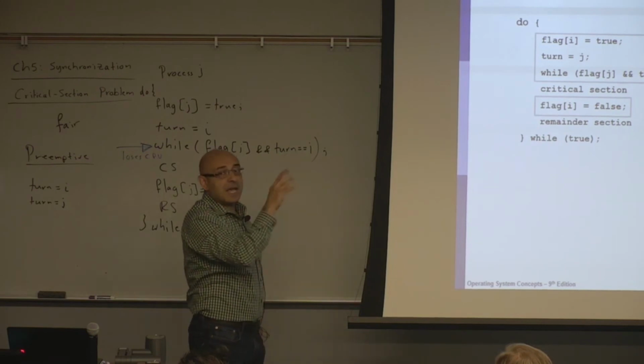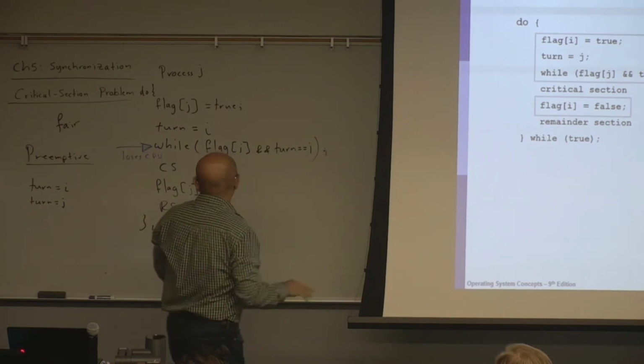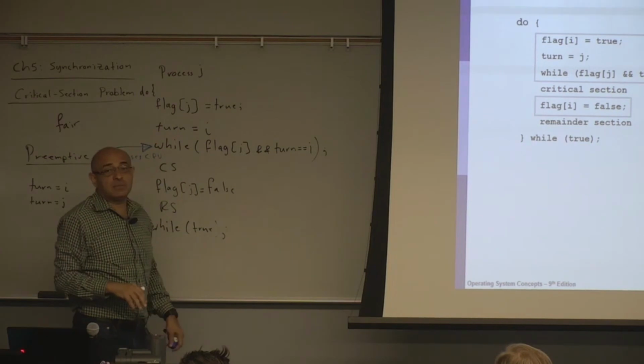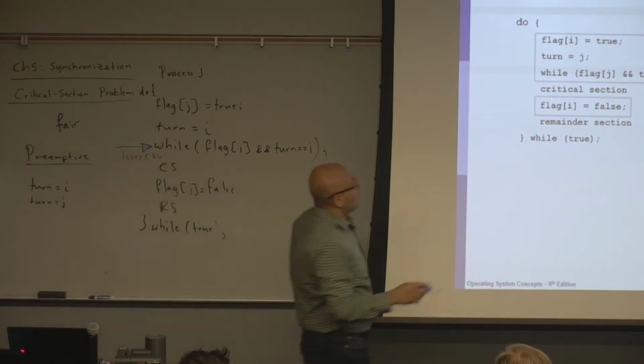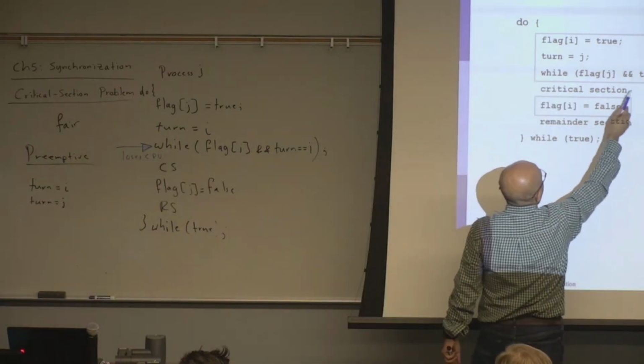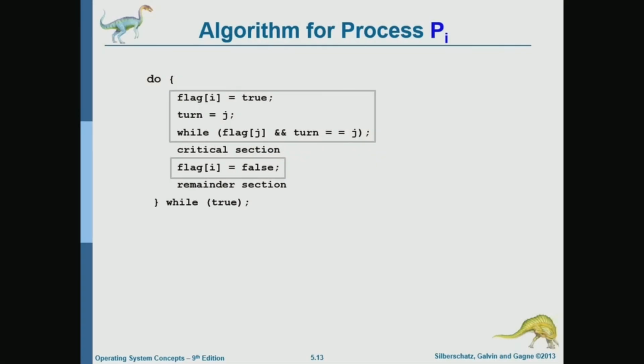Now, all of this is happening while process I has the CPU, and process J still doesn't have the CPU. Now, when process I attempts to enter, it's going to find turn to be equal to J. So process I is going to wait. So even though process I is getting more CPU time, it's going to get stuck here because turn equals J yields to the other process.